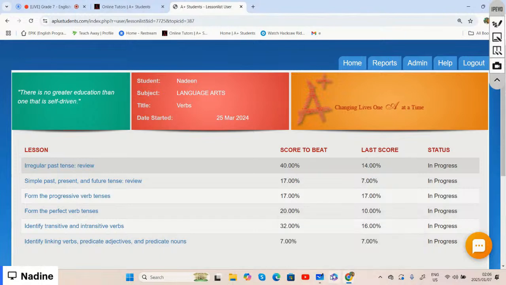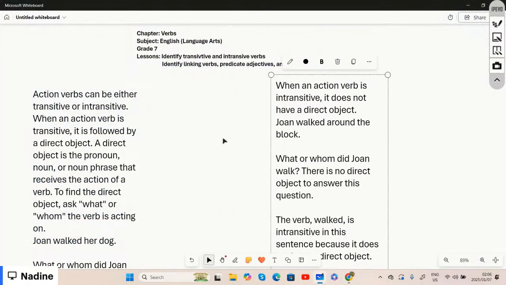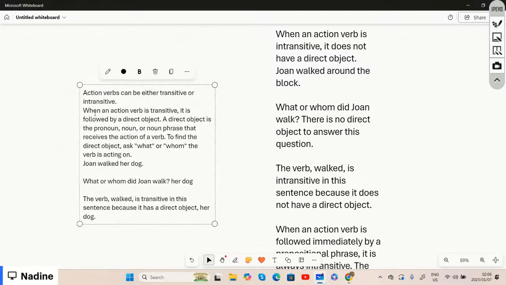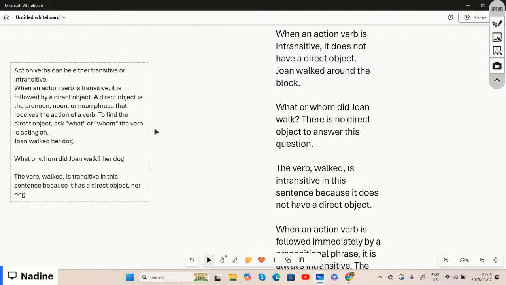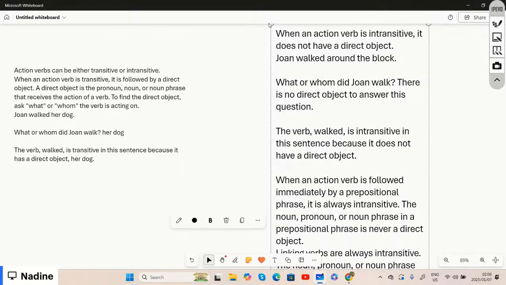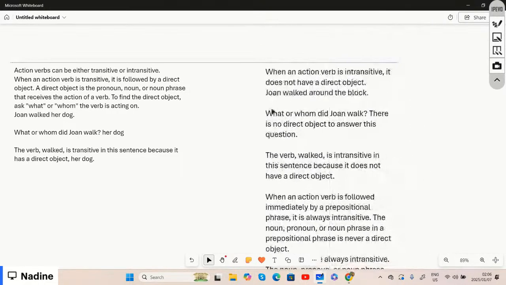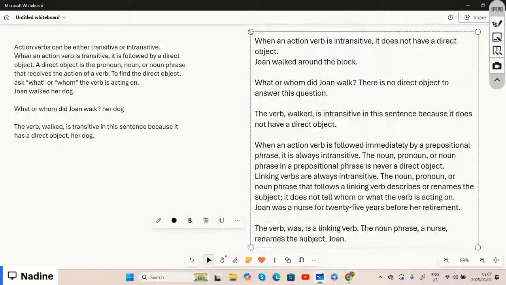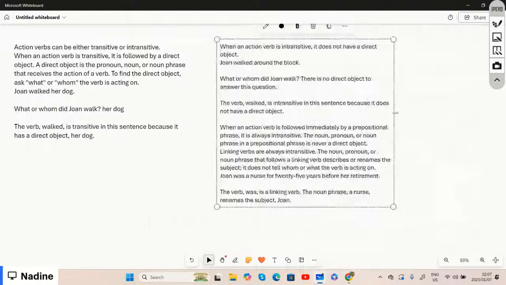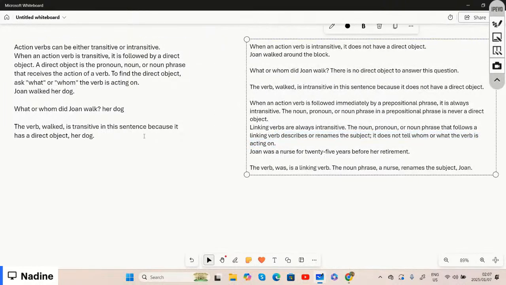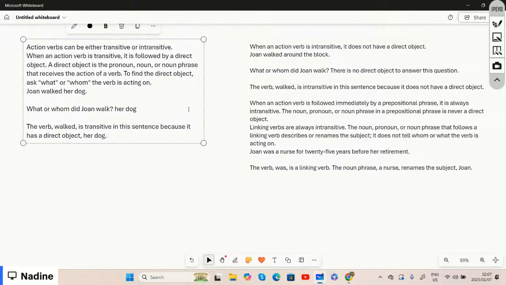All right. So our chapter is verbs, the subject is English Language Arts, and we're focusing on grade 7.